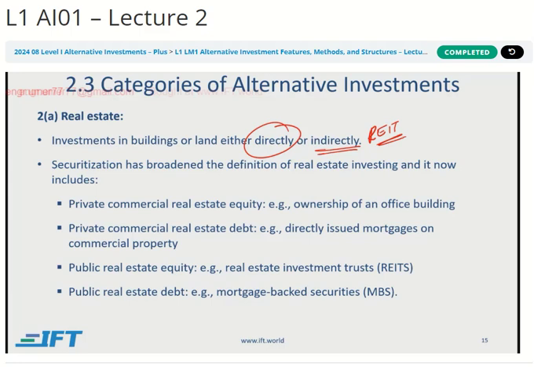Now, what's happened in this space since the early 2000s is securitization. If you've already gone through the fixed income material, you must have already seen asset-backed securities and how we have been creating securities based on loans, primarily mortgage-backed securities, where historically people were getting house mortgages through banks, but then the banks started taking that pool and giving it off to a special purpose entity, which would then create securities and sell them off to investors.